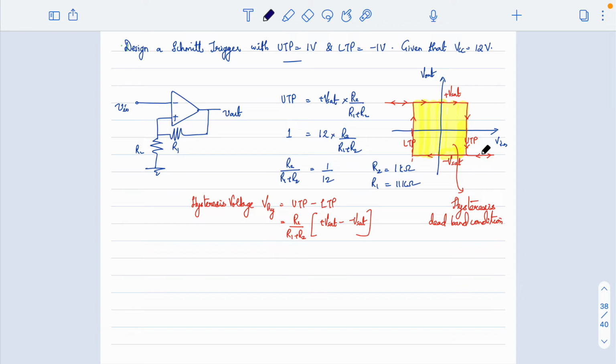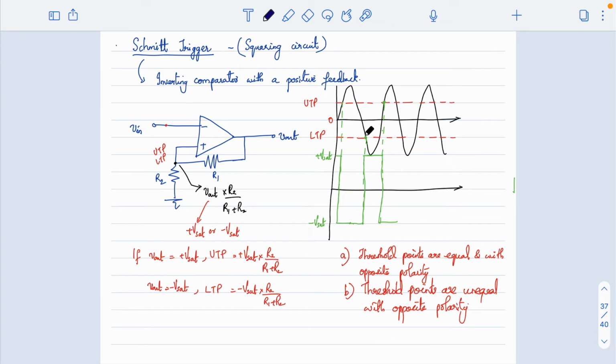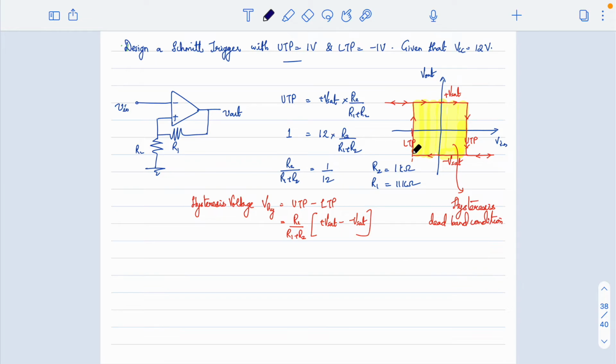Now when your input voltage becomes smaller than LTP, the output switches to plus Vsat. That is what I explained.